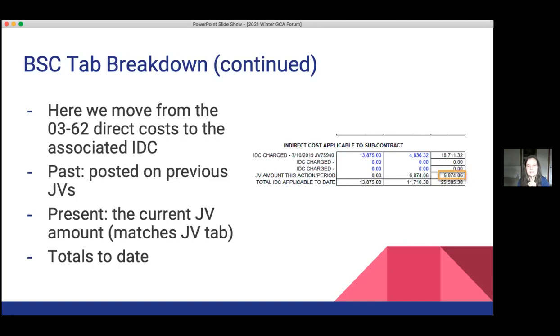And then we also have the JV date and JV number listed there. And then the IDC that needs to be charged on this new JV is shown in the JV amount this action period row. And the calculation of the IDC charge to date, including this new JV, is listed last.